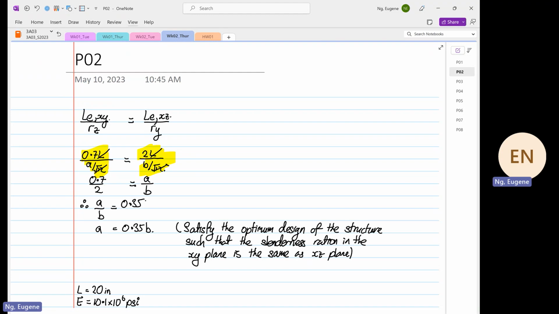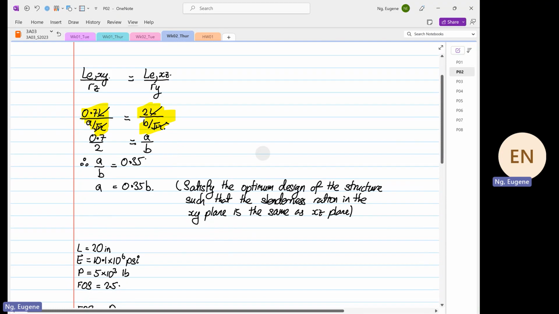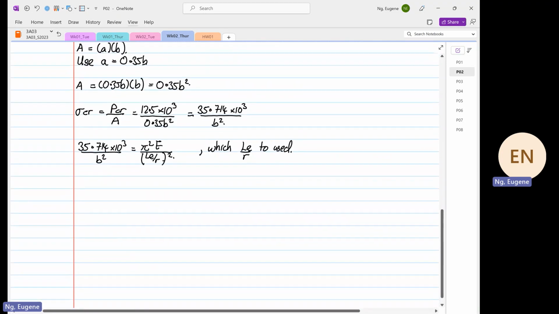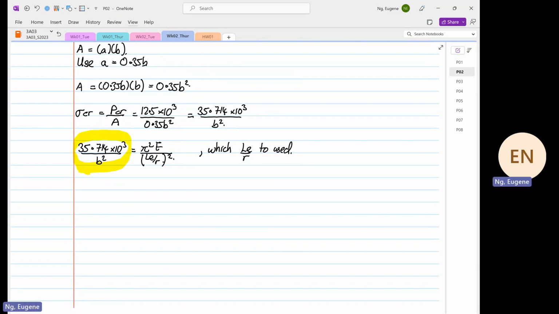So what I will use is the 2L over b over square root 12, because on our left-hand side over here, there's already a b squared.